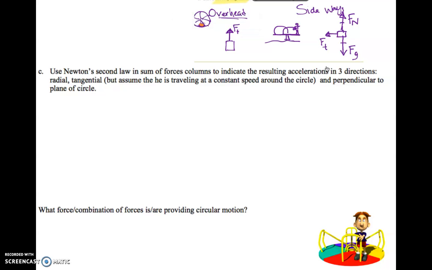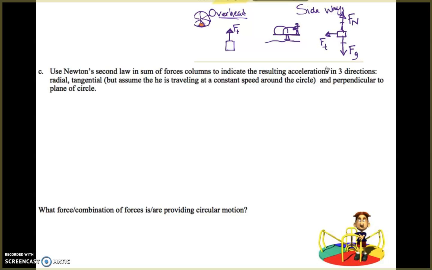I feel very smart. And so we're going to move forward into part C, where we're going to use Newton's second law and our forces table to indicate the resulting accelerations in 3 directions.